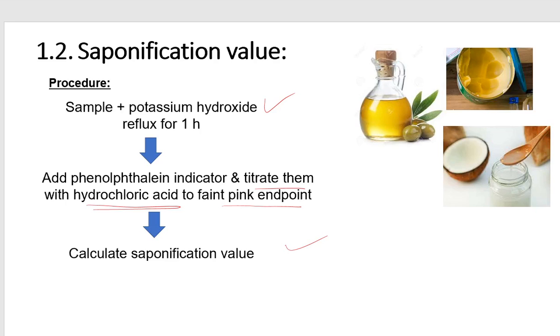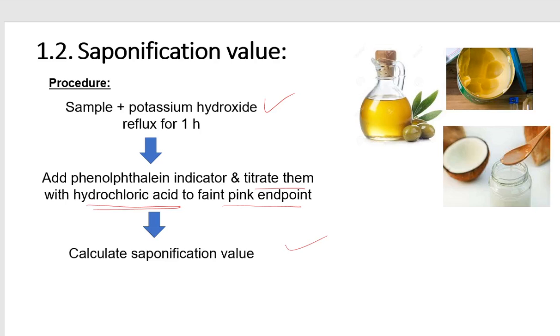Generally, the molecular weight of the lipid can be calculated from the saponification value. Saponification value is related to the average molecular weight of all the fatty acids present in the sample.